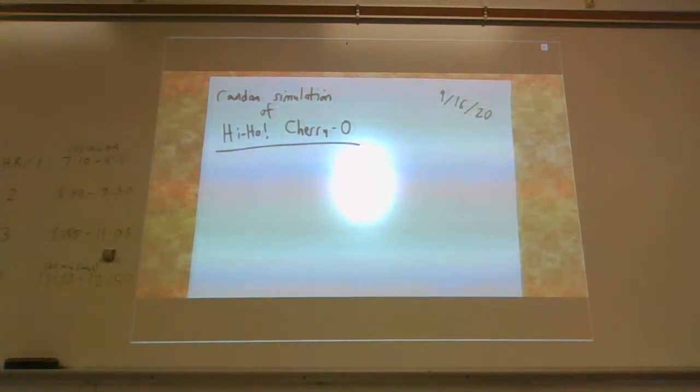According to what we did last class, we were writing down some of the rules and procedures for random simulation. Depending on the real life situation, in this case Hi-Ho-Cherry-O, there is a random simulation of 7 spots. So we're going to have to assign some numbers to account for this.